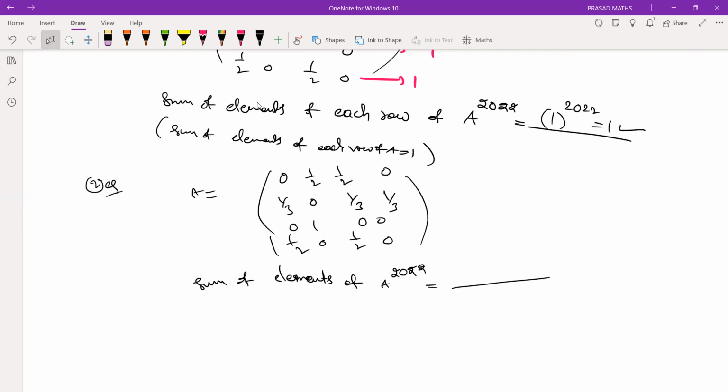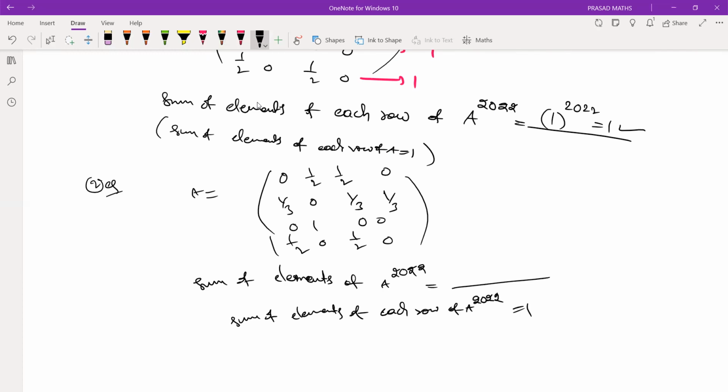Anybody? Sum of A is 4. Right, good. What is the best way? Sum of elements of each row is actually 1 that you're getting. What is each row of A power 2022? 1.